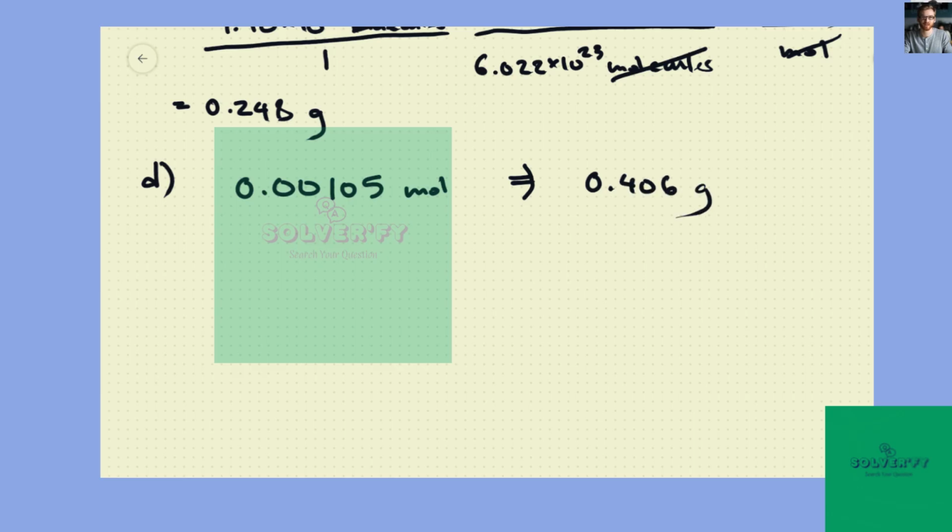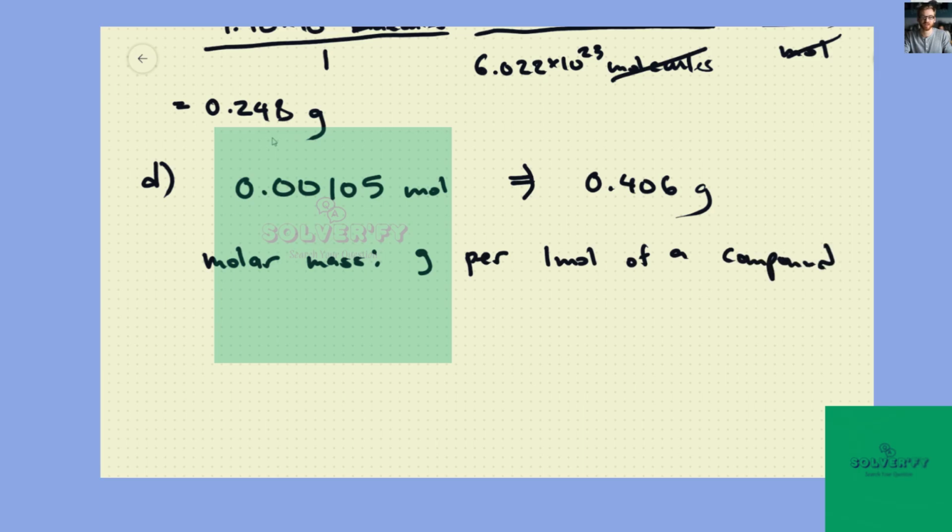So really, for this one, we don't actually need to find the molar mass. All we need to do is remember what the definition of molar mass is. So molar mass is the grams per 1 mole of a compound.